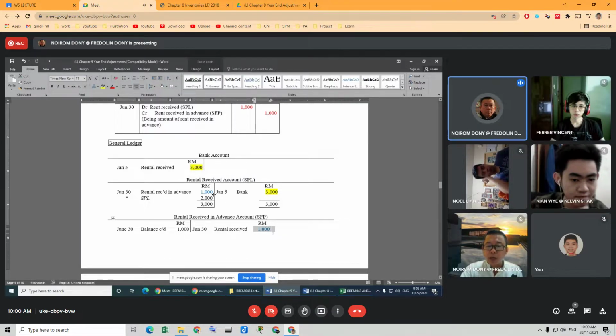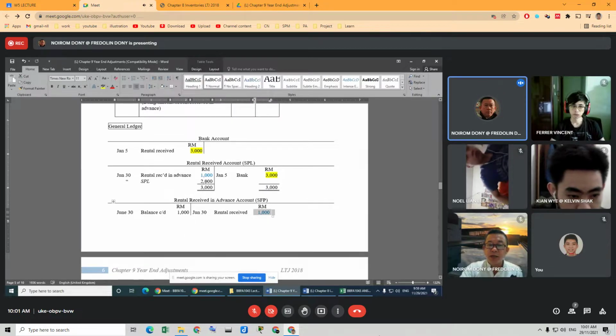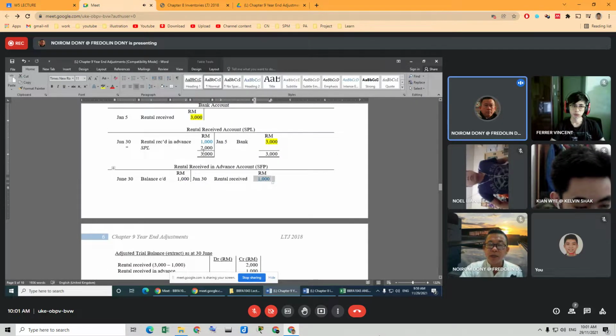In order to make the total debit in rental receipt account as 3,000, we need a balancing figure, which is the amount 2,000, which we have to transfer to, we post and close off into SPL. Okay, 2,000. And then 2,000, complete the double entry.